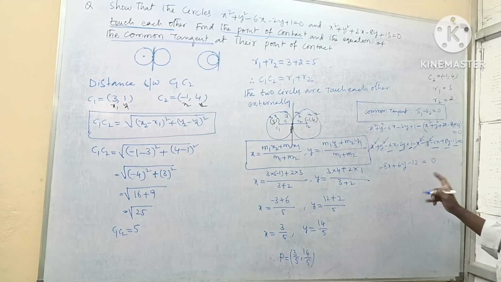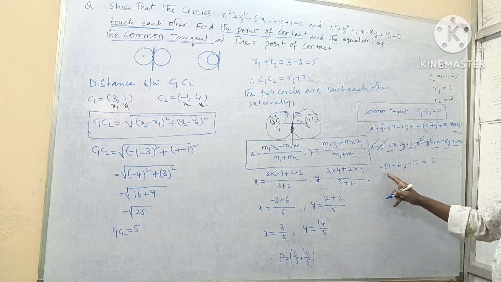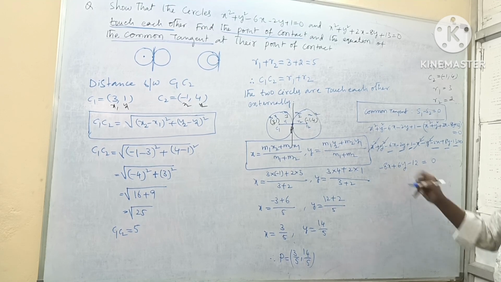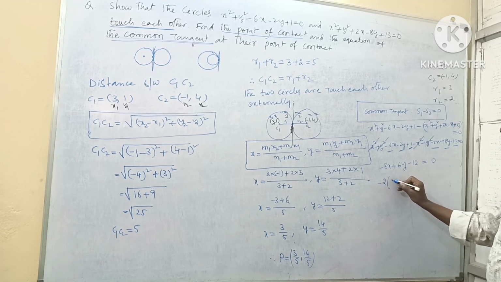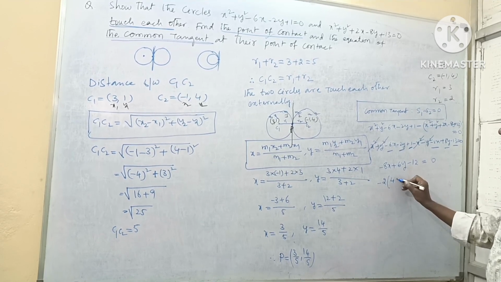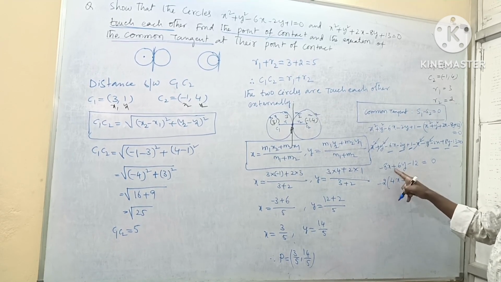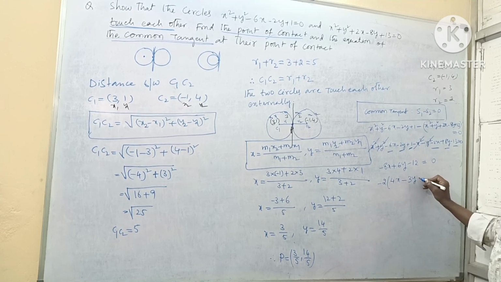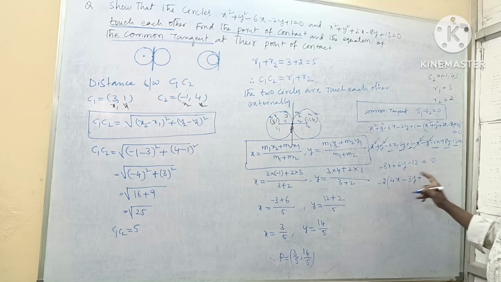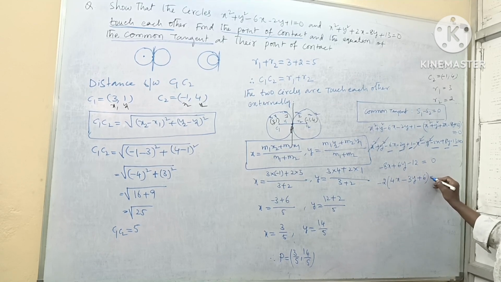So here we take common minus 2. Minus 2 4s are minus 8x. Minus into minus is a plus, 2 3s are 6y. And minus into plus is minus, 2 6s are 12, is equal to 0.